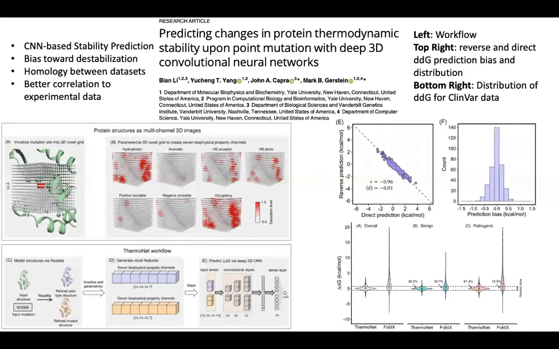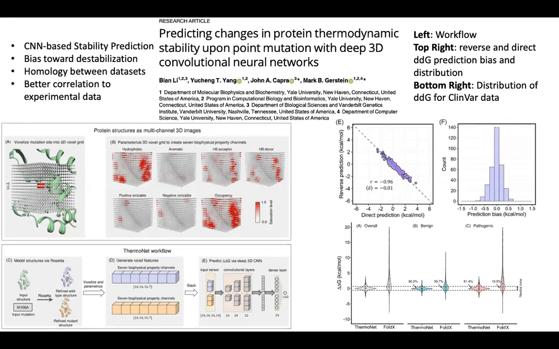In their results, when comparing to the other tested models and the benchmark data sets, they found a Pearson correlation coefficient as a difference between direct and reverse mutations being -0.96, and a prediction bias, being the delta G of reverse plus direct, to be -0.01.